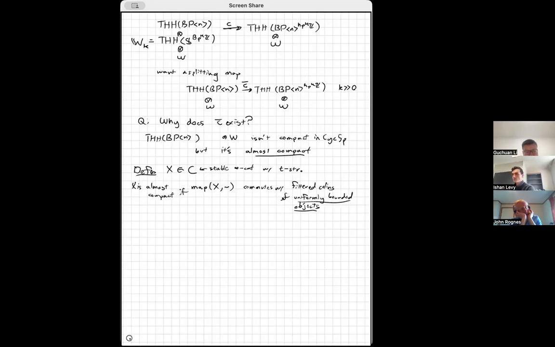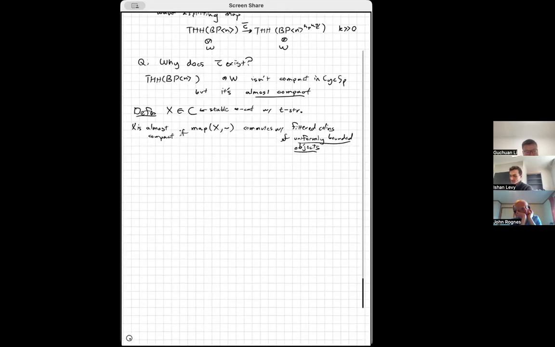So maybe to give you a feeling for what this notion is, let's think about what this means in the category of p-complete spectra. So if C is p-complete spectra, then what this is saying is that you want Homs out of your spectrum to commute with filtered colimits, but only for truncated objects.